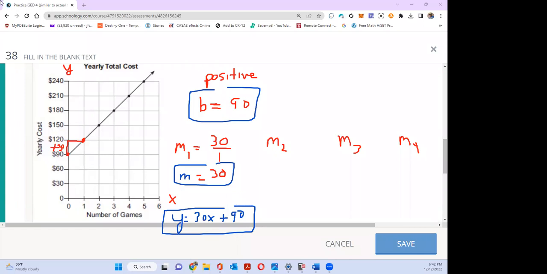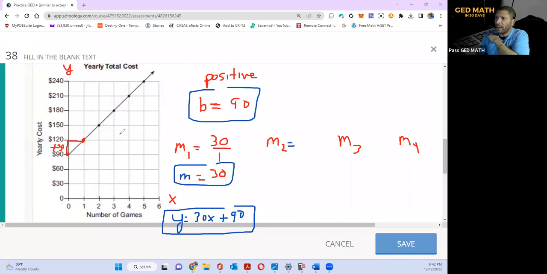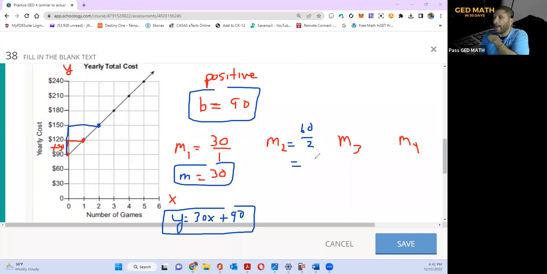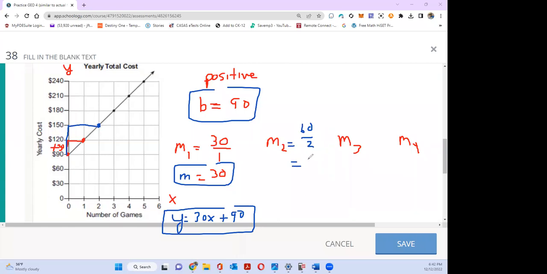Yes. Now, watch this. If I select a second point, this one right here, I'm going up 30, 60 over 1, 2. 60 over 2 is still what? 30.